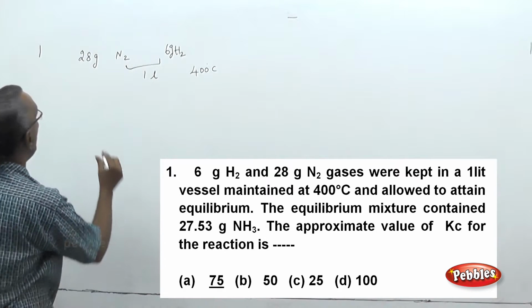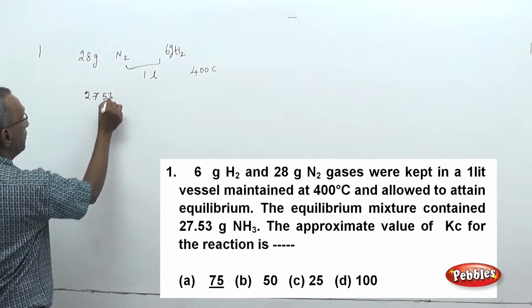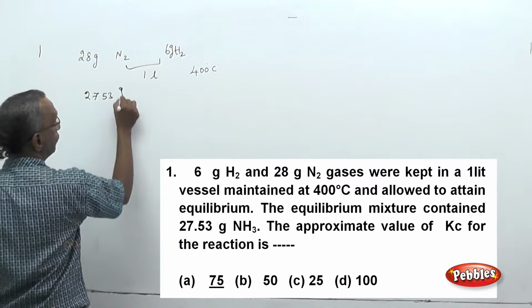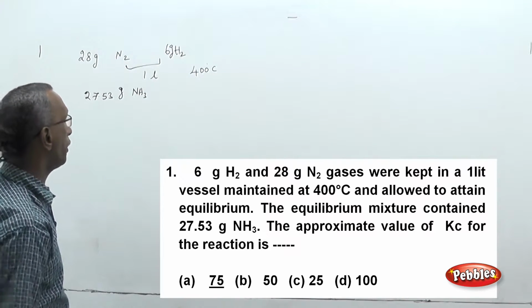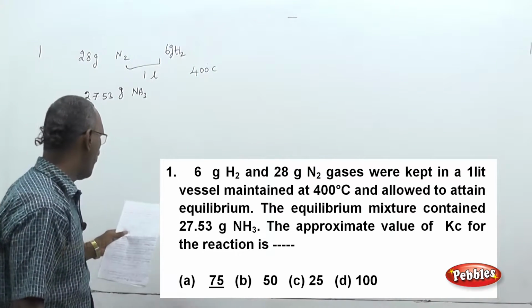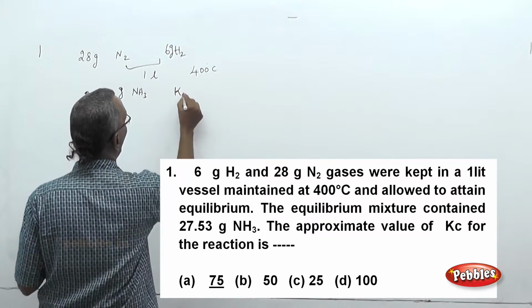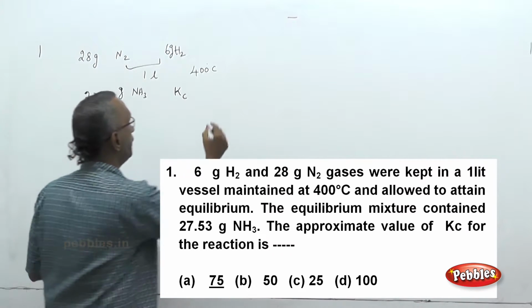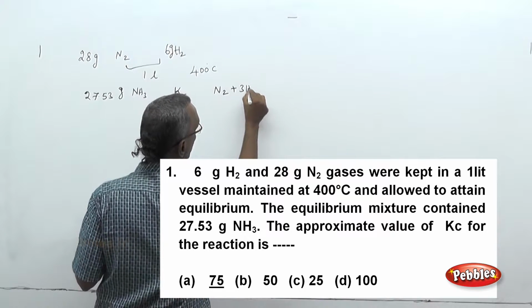The equilibrium mixture contains 27.53 grams of ammonia. The approximate value of Kc, that is the equilibrium constant for the reaction, they have given the formation of ammonia.